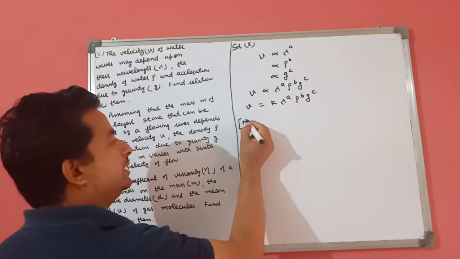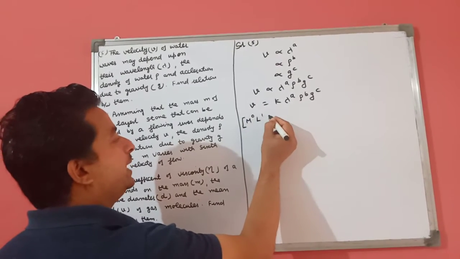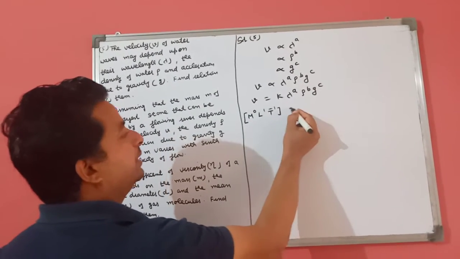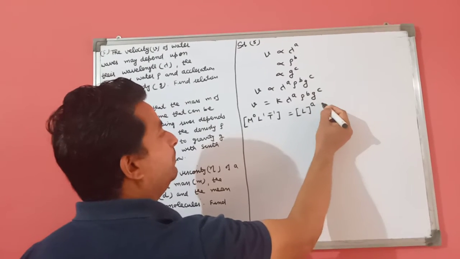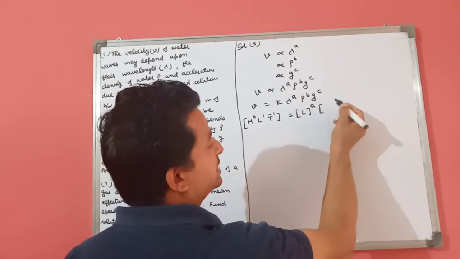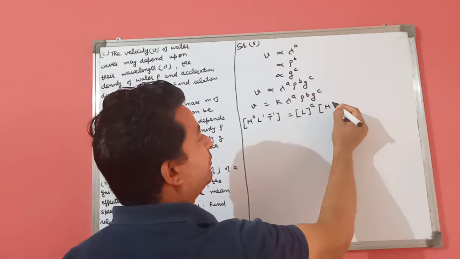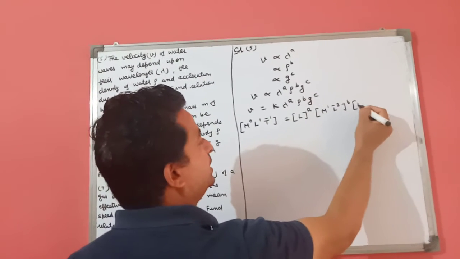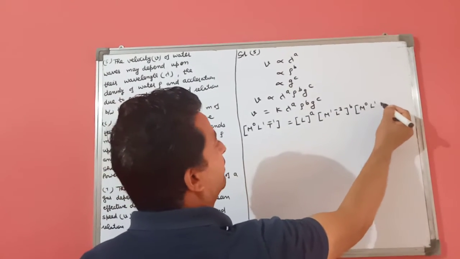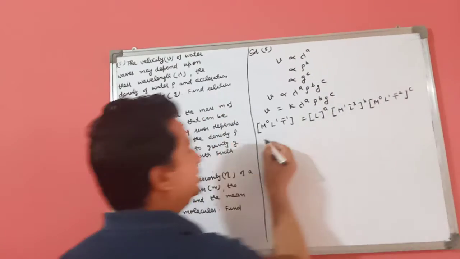The dimensional formula of velocity is M^0 L^1 T^-1. Wavelength lambda has dimensions of L only. Density is mass per unit volume, so M L^-3, to the power b. Acceleration is L^1 T^-2, to the power c.